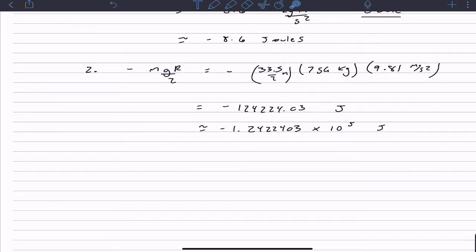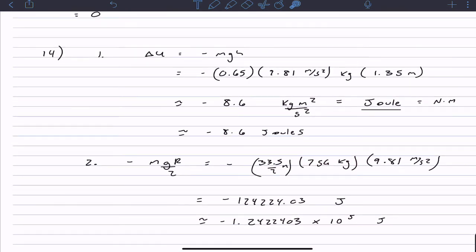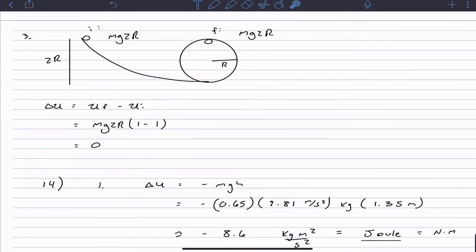Well, the reason is because we're going a much greater distance and we have a really heavy, or a more massive, ball. 756 kilograms here versus, what was it, like half of a kilogram here. So there's a much greater change in energy. And for number 3, it doesn't really matter what the mass of the ball is. The answer is still going to be a transfer of 0 joules, just because you can plug whatever you want in here and you're going to get 0.